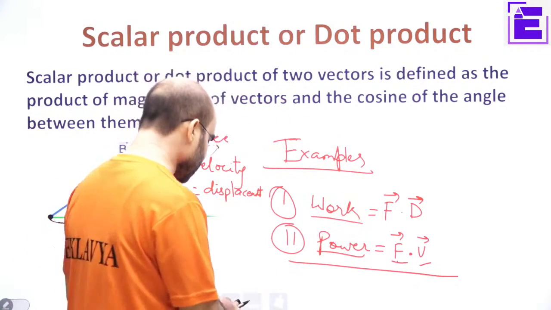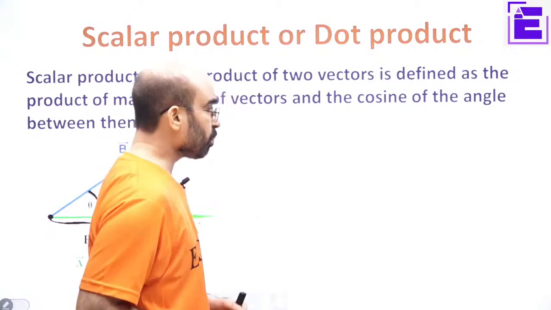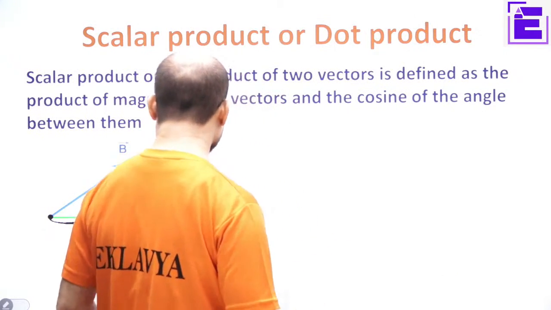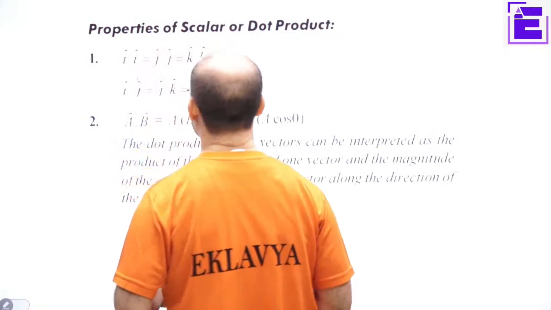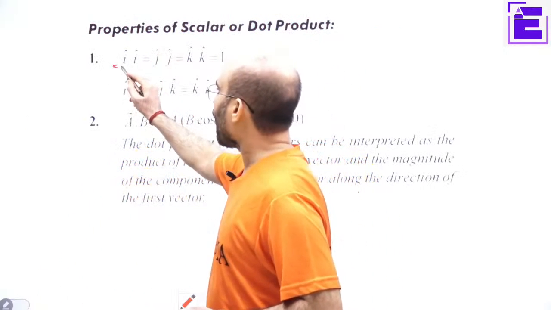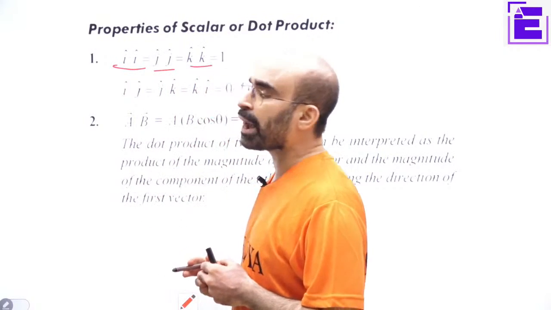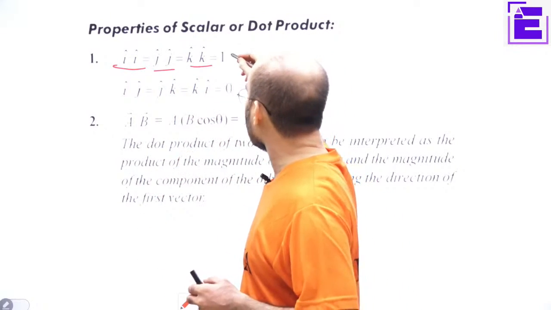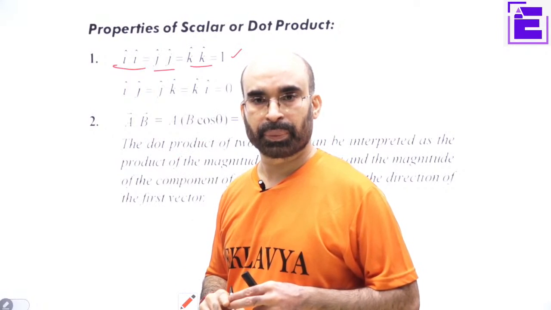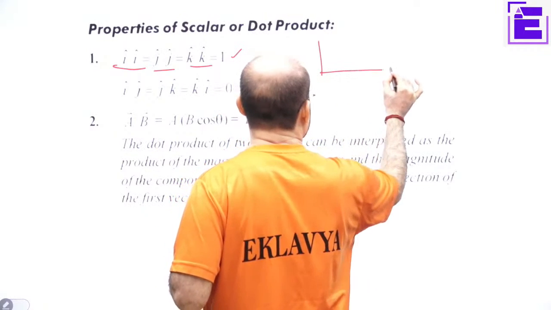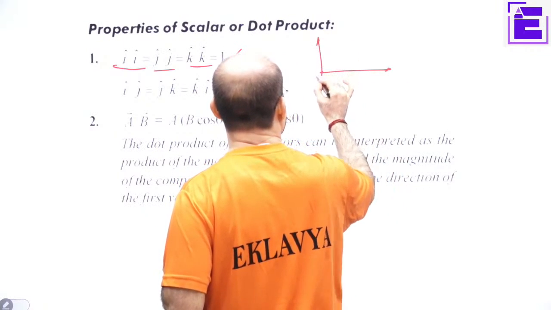Understood? Now let us talk about the properties of scalar product. See, I dot I equals J dot J equals K dot K equals 1. Can you tell me why? It is very simple. First of all, try to draw these.